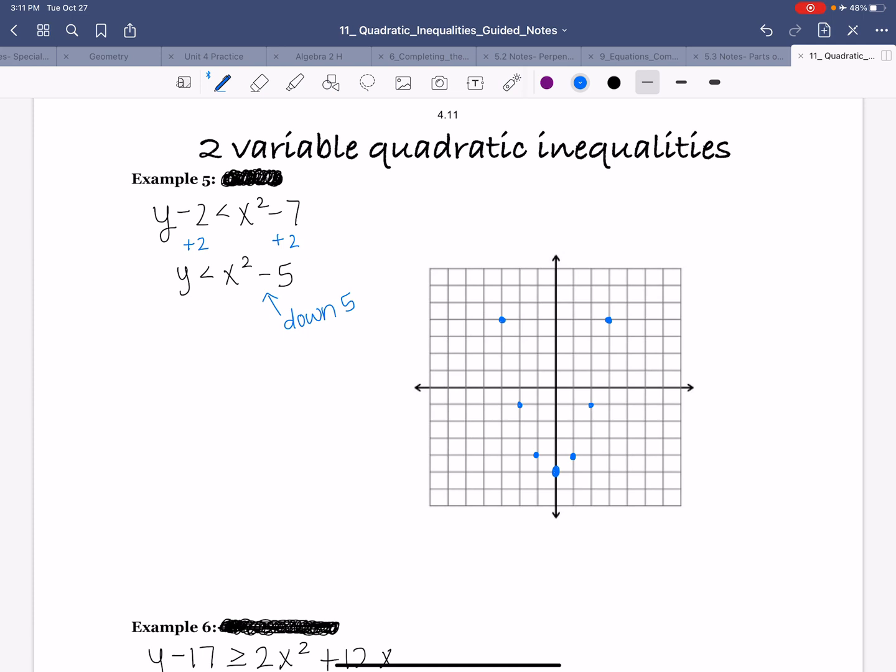Okay, so the next thing we need to ask ourselves is, is this a dashed line or a solid line? And since it is just less than and not equal to, this is going to be dashed. And since y is less than it, we're going to shade below. All right, so we're going to connect this parabola with a dashed line.